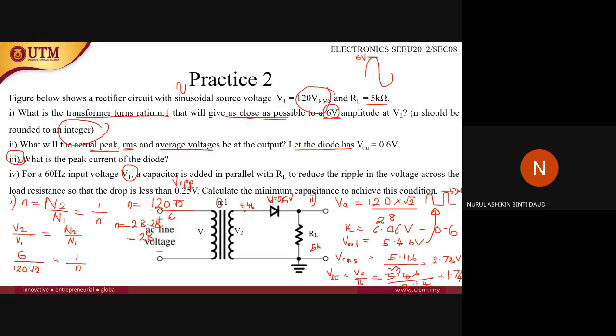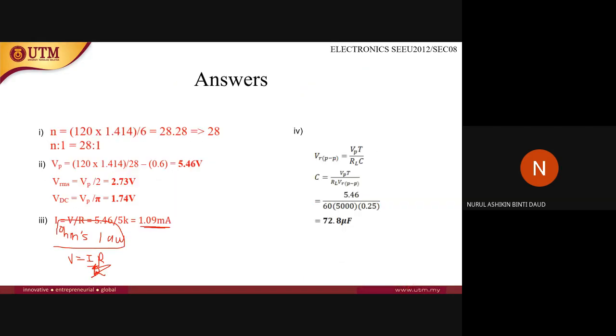Calculate the minimum capacitance to achieve these conditions. Here we have forgotten RF. So the minimum capacitance for this part.